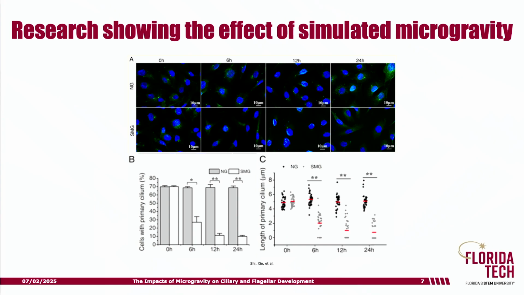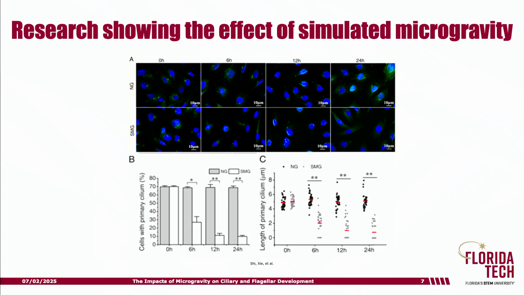For figure A here, we see that normal gravity is in the top, simulated microgravity is in the bottom. This is an immunofluorescence assay, and the primary cilia is stained green. Now, as you can see, over a 24-hour period, the normal gravity relatively stays the same. You see a little bit of changes, but with the simulated microgravity, you see a drastic drop in the amount of primary cilia.